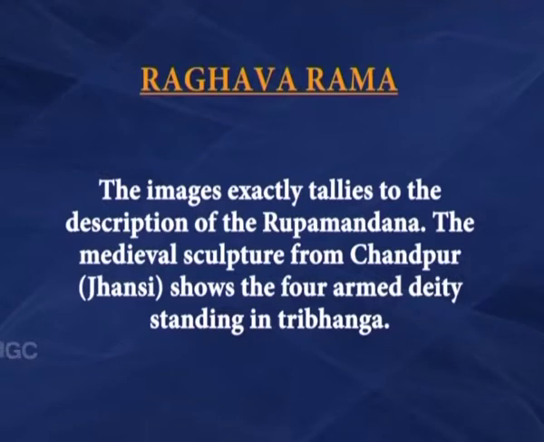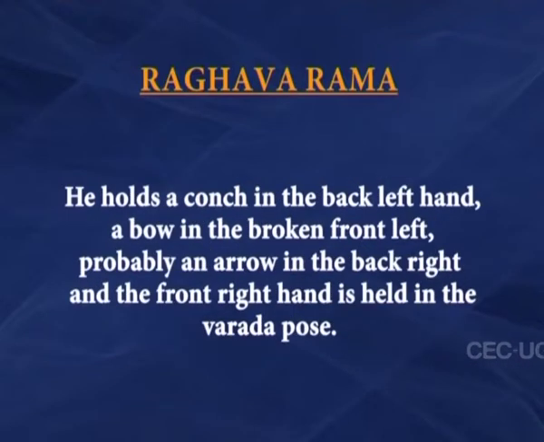The medieval sculpture from Chandpur, Jhansi shows the 4-armed deity standing in Tribhanga. He holds a conch in the back left hand, a bow in the broken front left, probably an arrow in the back right, and the front right hand is held in the Varada pose. Below, Hanuman is seated with folded hands. The image agrees with the description of the Agni Purana.